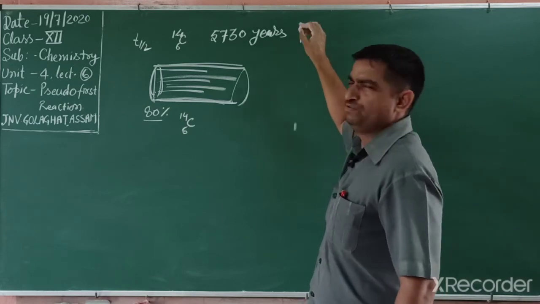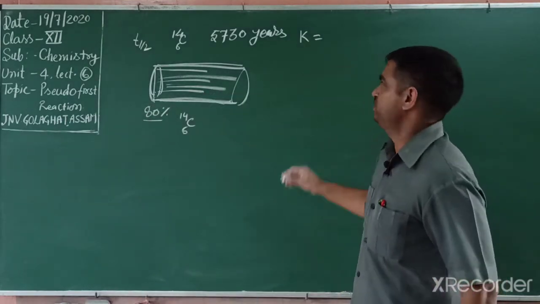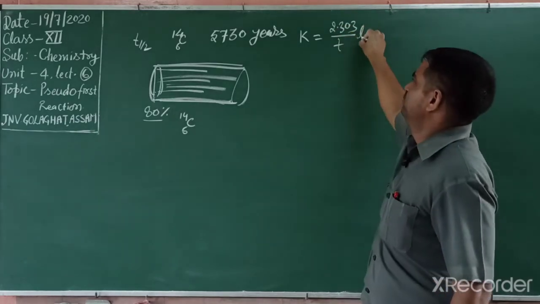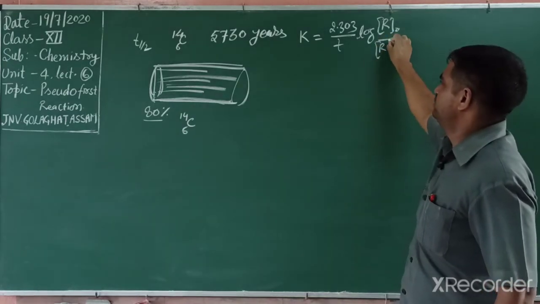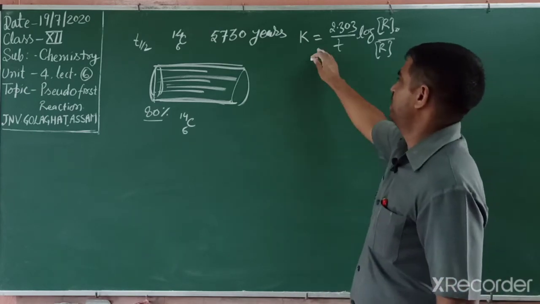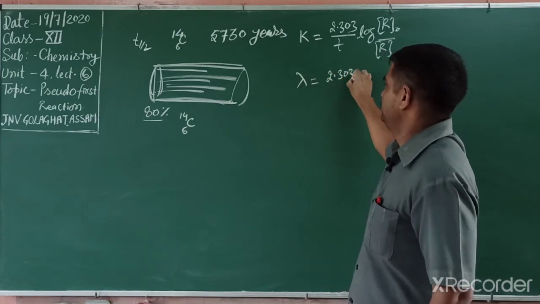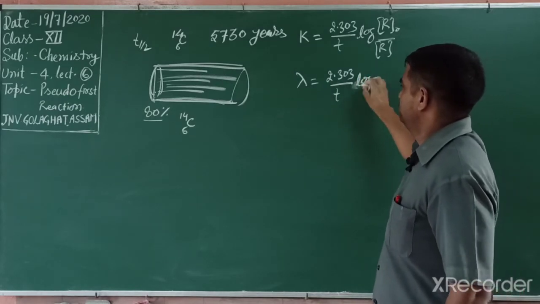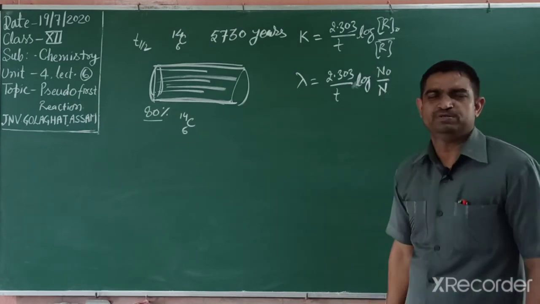We know first order, how can you write it? k is equal to 2.303 by t log R naught divided by R. We already studied this. But if the artifact is radioactive, then in place of k we write lambda, and we write lambda equals 2.303 divided by t log N naught divided by N. What do we mean by N naught?